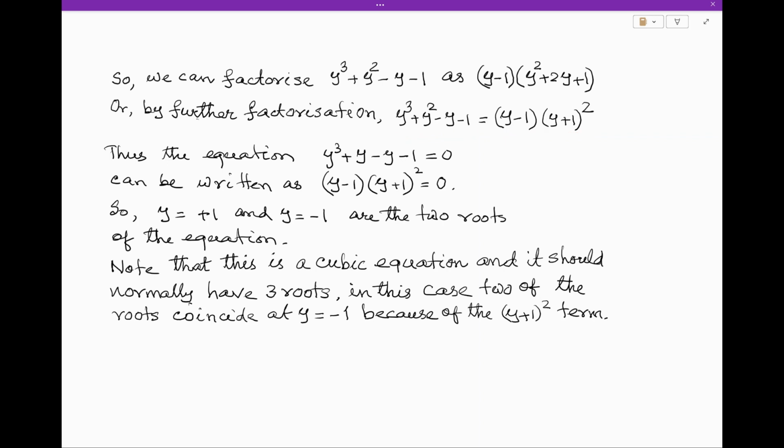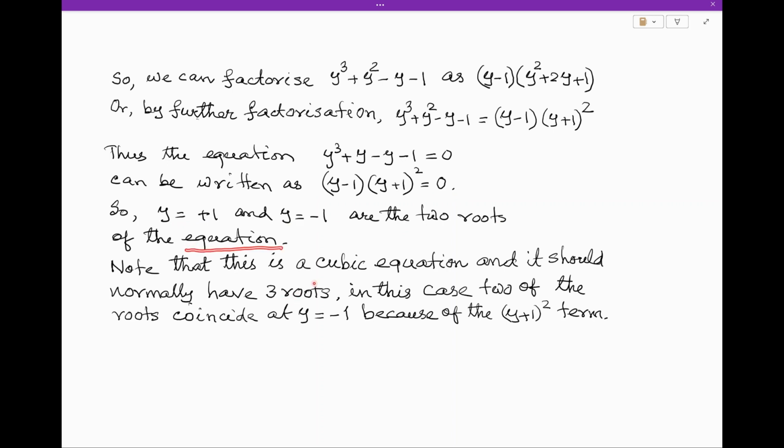Thus, the equation can be written as y minus 1 multiplied by y plus 1 whole squared is equal to 0. Obviously, y equal to plus 1 and y equal to minus 1 are the two roots of the equation.